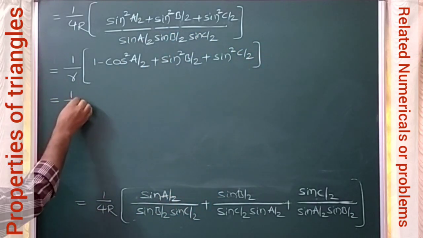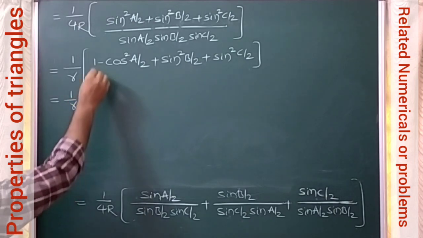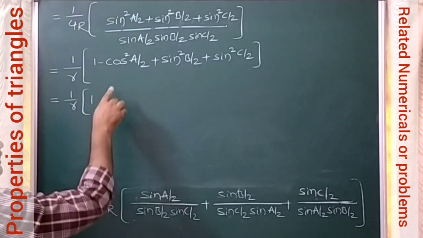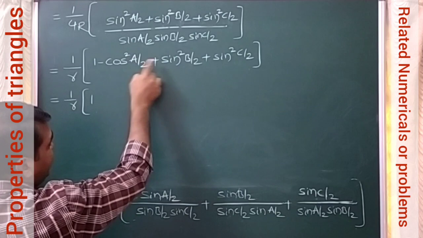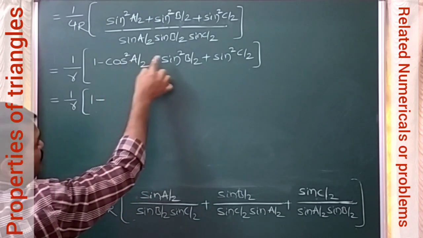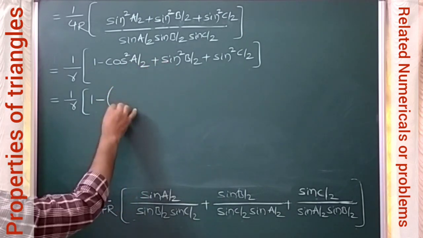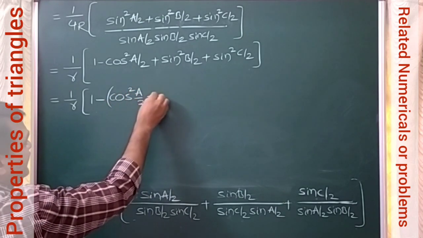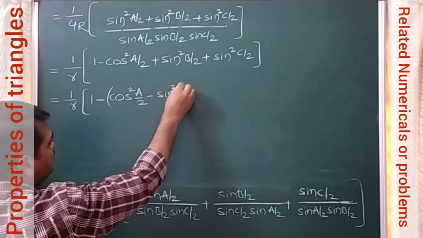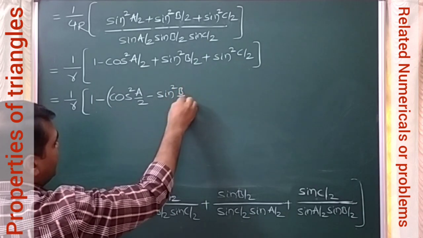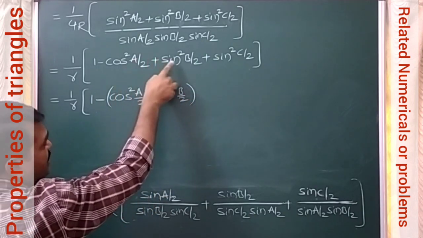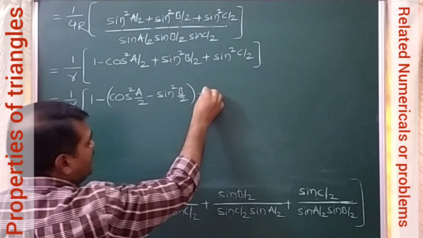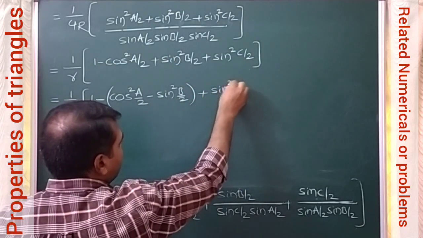Now, let us write like this: 1 minus, taking minus common in the second and third terms, we will get cos square A/2 minus sin square B/2. Taking minus common in this and this term. The last term is as it is again.